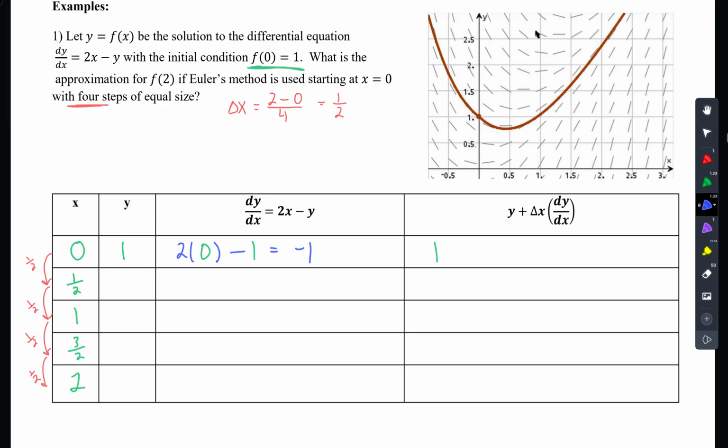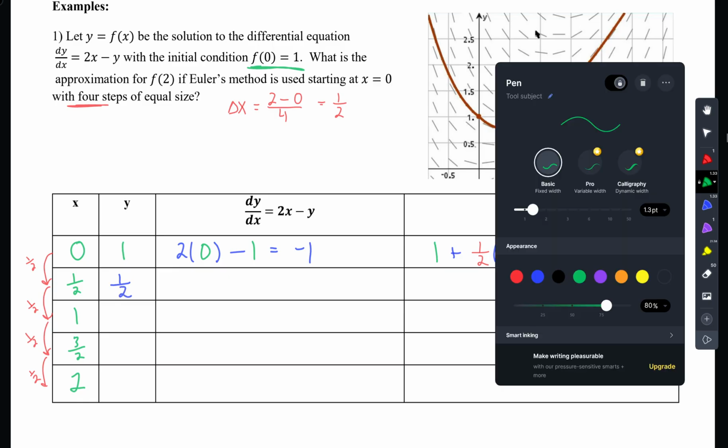Then you go plus your change in x, like we did with the fish every half year, so you put a half there. Then you plug in the rate that you got, which was -1, and you get the answer: a half. So that half is now your new y.